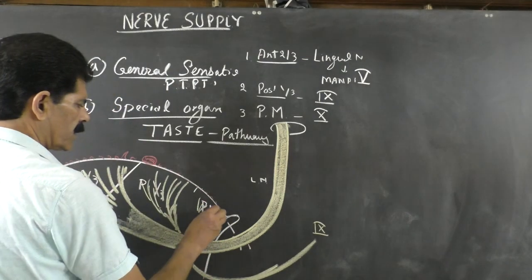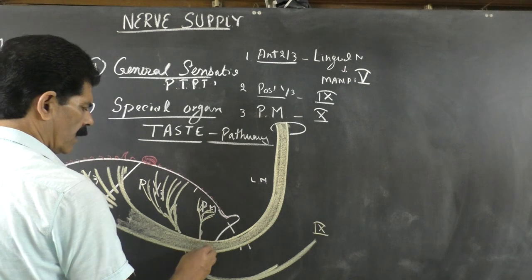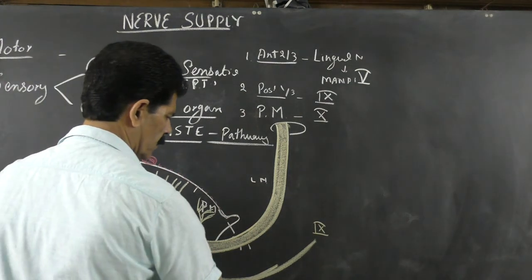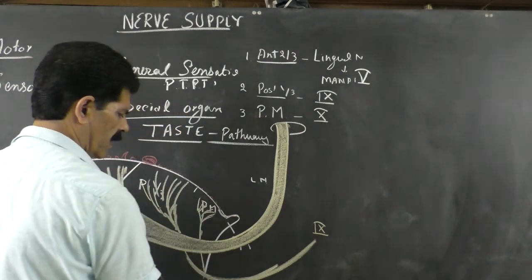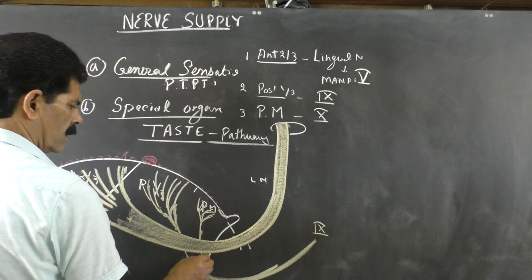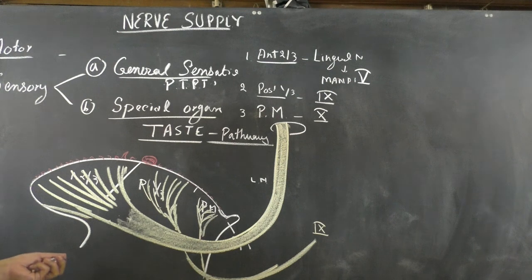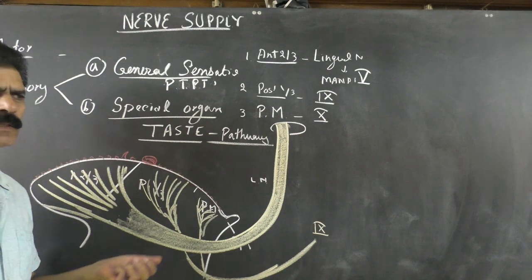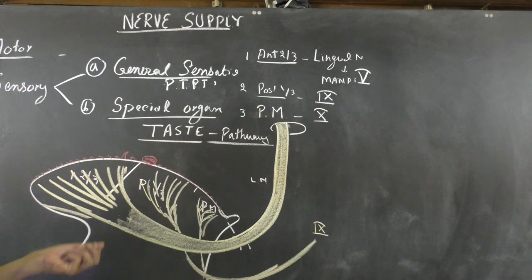And the general sensation from the posterior most part of the tongue is carried by the 10th nerve, that is the vagus. So this is how the general sensations go. Now regarding the taste pathways, how the sensations go from the taste buds of the anterior 2/3 is different.